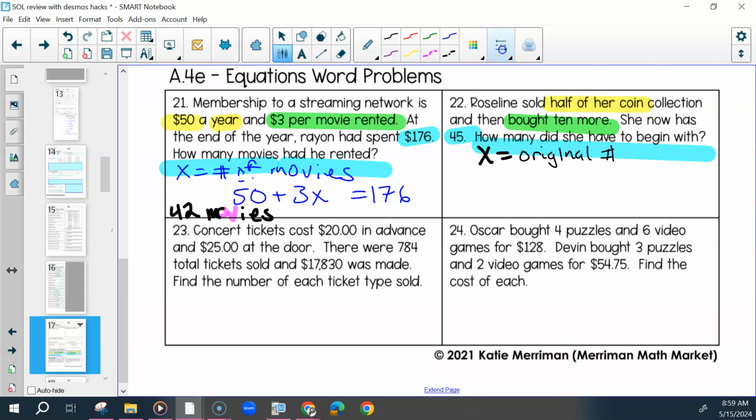However much she had originally, she sold half of that, so those two are going to go together. She then bought 10 more, and she now has 45. So our equation should be 1/2 x plus 10 equals 45. I can put that into Desmos and find what x equals.